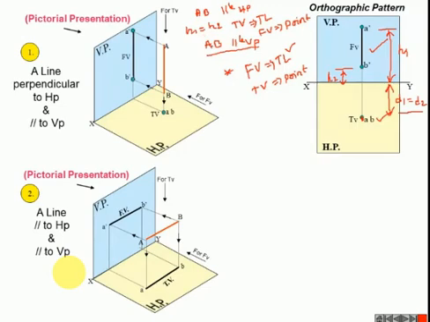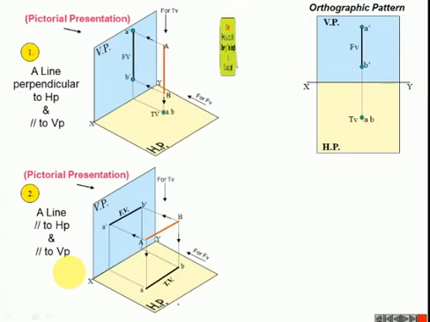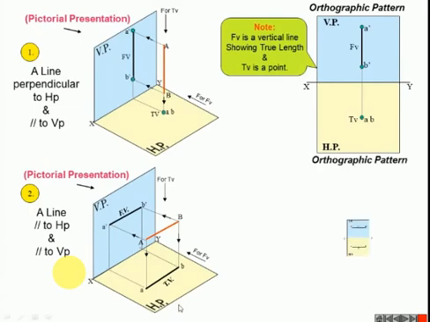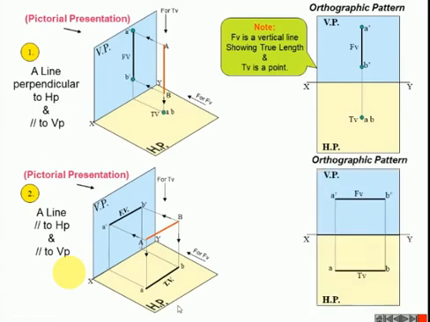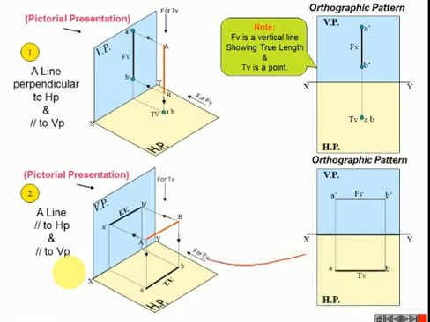Coming to the last case, the second case in simple position. The line is parallel to both HP and VP. In this case, both views, the front view and the top view, are true lengths.